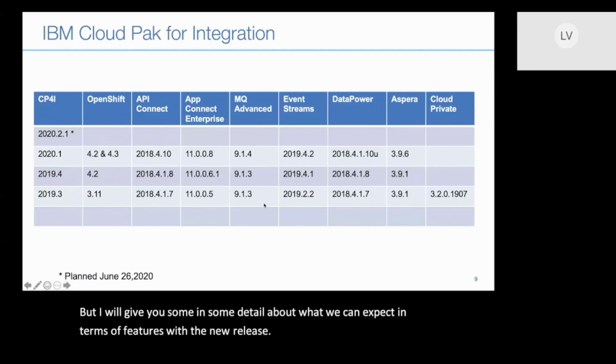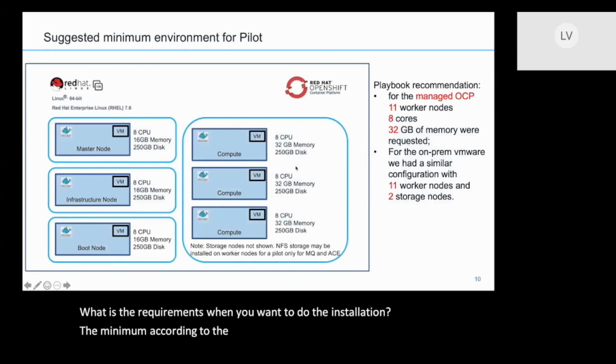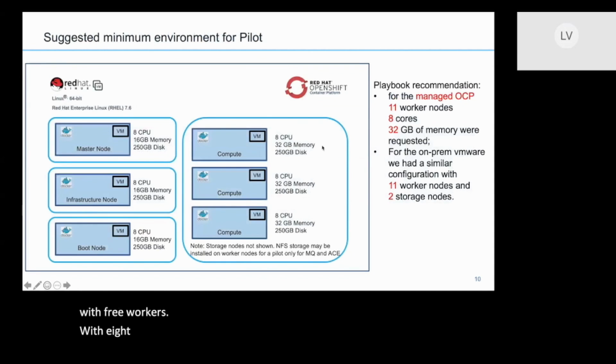What are the requirements when you want to do the installation? The minimum, according to the documentation, is 3 workers, with 8 CPU and 32 GB of memory, with 1 master, 1 infrastructure, and 1 boot. The boot is just for the installation. But that's really the minimum.